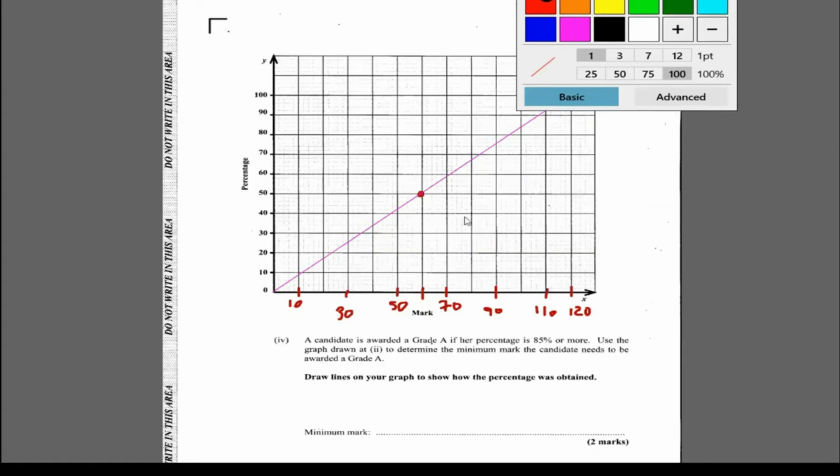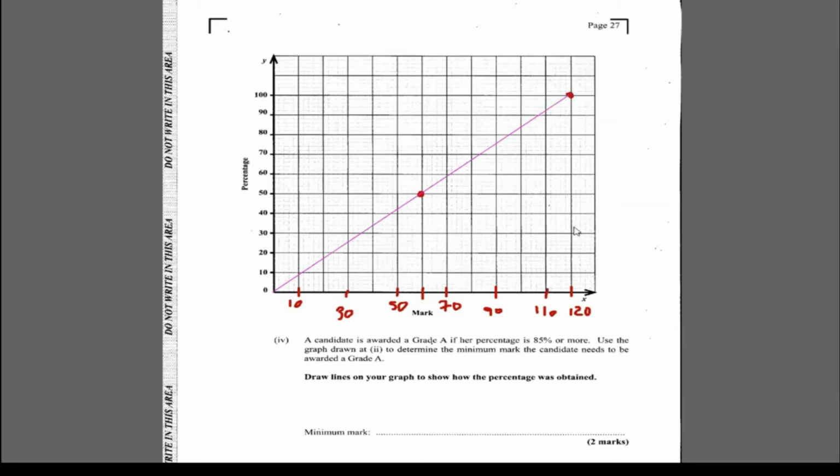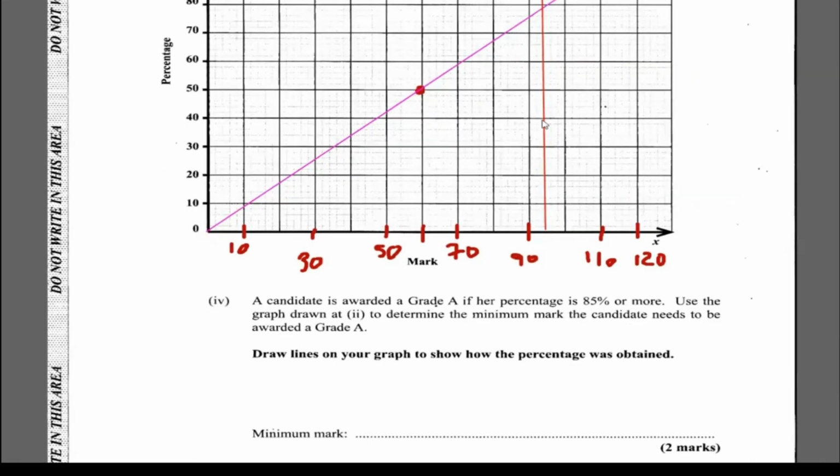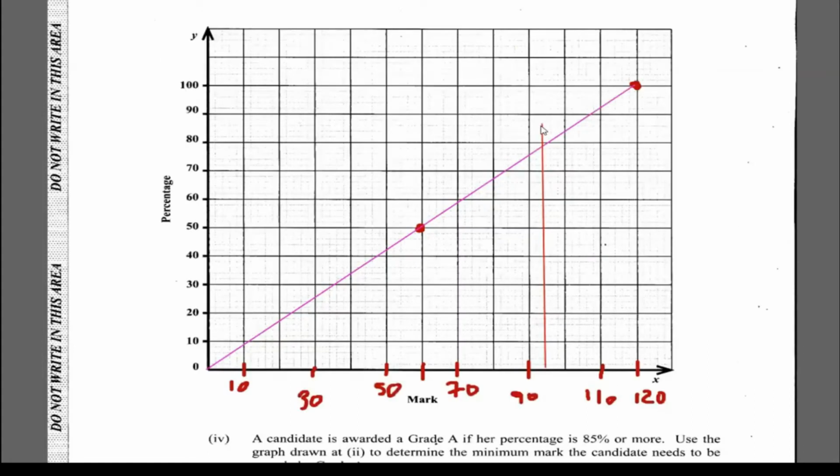So if the person gets 95 marks, then this is the person's grade.